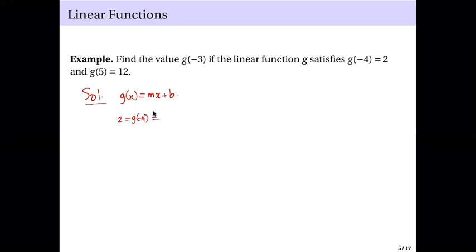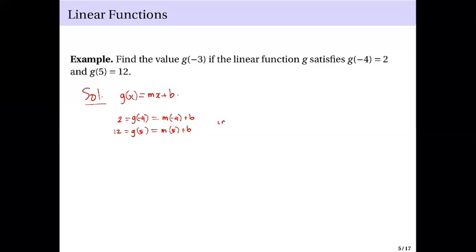But on the other side, we replace x with negative 4. So you have m times negative 4 plus b. From this, we have g of 5, and that's equal to 12. On the other side, we have m times 5 plus b.